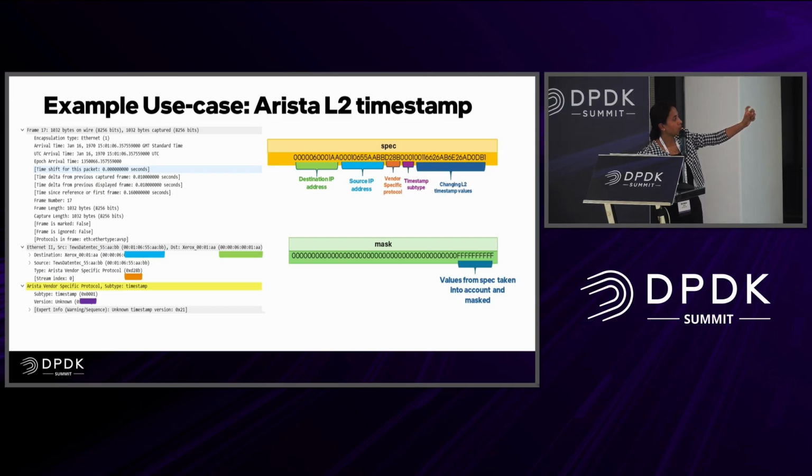Because we wanted to hash on the basis of something other than these changing L2 timestamp values, our mask actually masked those L2 timestamp values. Like I said, this is very specific to the Arista case, but using the same methodology we can calculate the spec and the mask for any other use case also, and pass it into the raw pattern when we are configuring our flows, and we will be able to classify our flows on the basis of that.